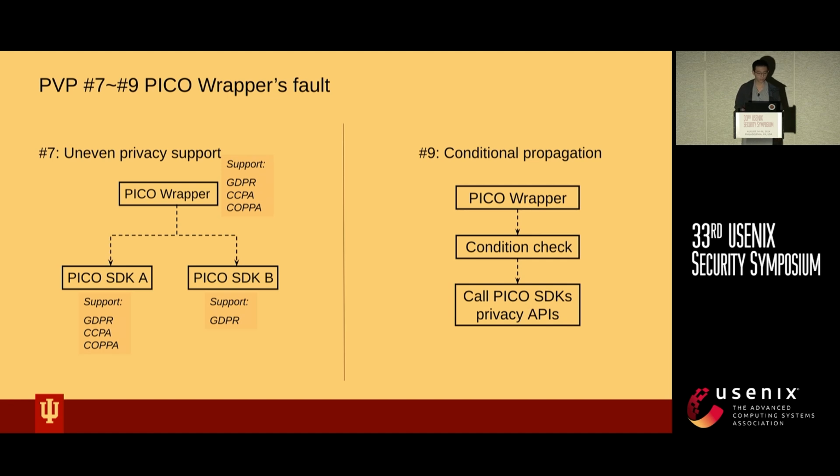On this page, we are presenting the patterns related to the PICO wrapper's fault. On the left-hand side is the uneven privacy support. As we mentioned in our motivating example, if the wrapper launches all of its integrated PICO SDKs in parallel, it must make sure that all of the PICO SDKs it launched support the same level of privacy compliance as the wrapper provides.